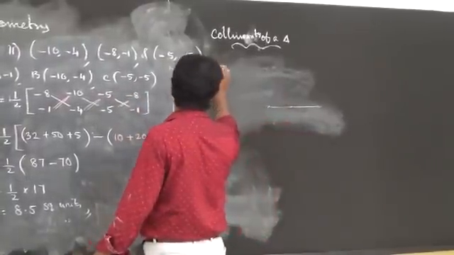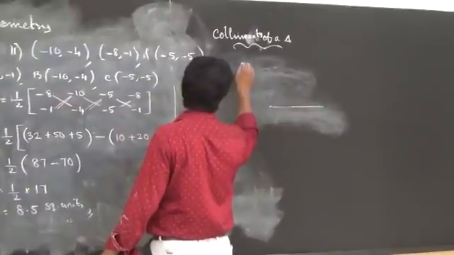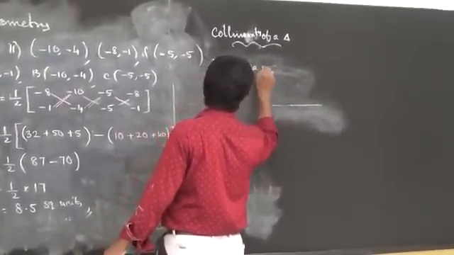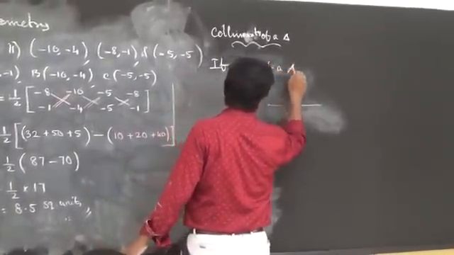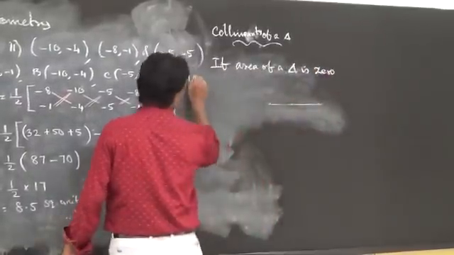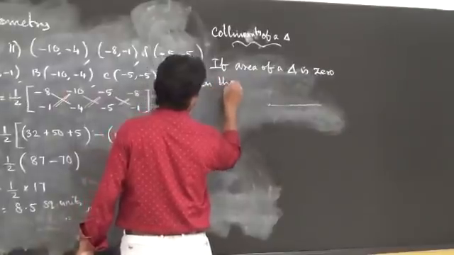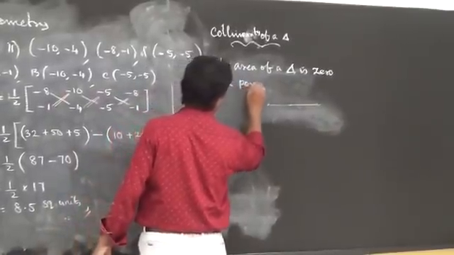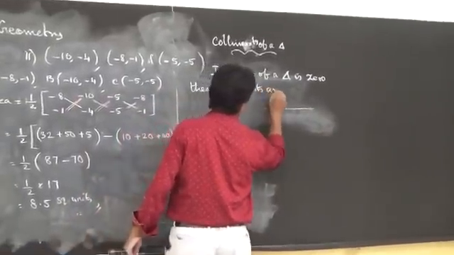If the area of a triangle is 0, then the points are collinear.